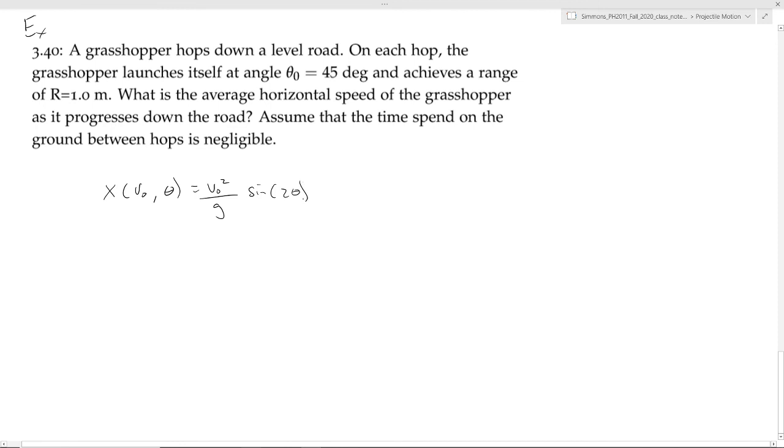Now notice we've picked our special angle of 45 degrees, so you put 45 degrees in there, you would get that this thing becomes 1. So in other words, this becomes v naught squared over g. And we actually know what the range is, this 1 meter. So we can solve this. Actually, let me call this r. We can solve this then for the initial speed. That would give us the square root of g times r.